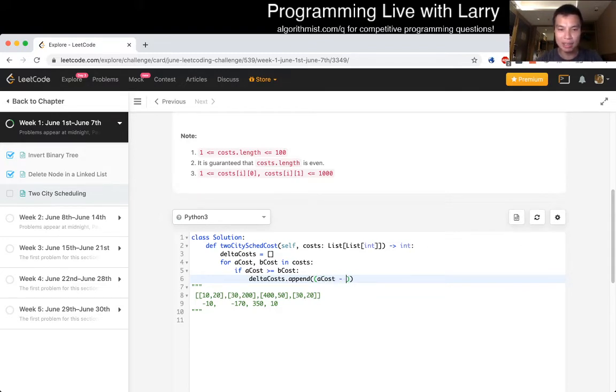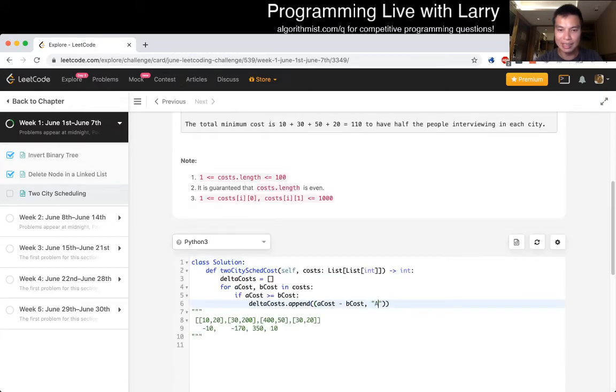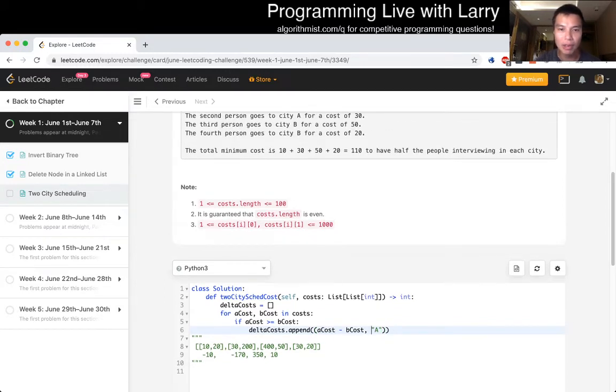But let's just do A cost, B cost and then just put it in. Oh, and then I was just going to say, let's just put a character. It doesn't really matter. But we also probably want to put in the A cost, B cost just for bookkeeping. So this part is not as necessary, but it's just for bookkeeping.